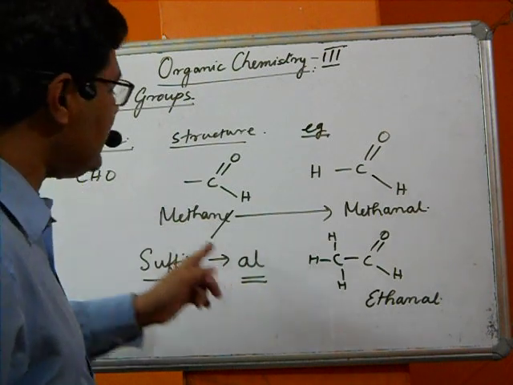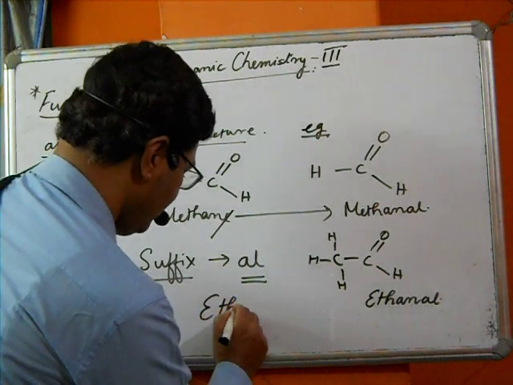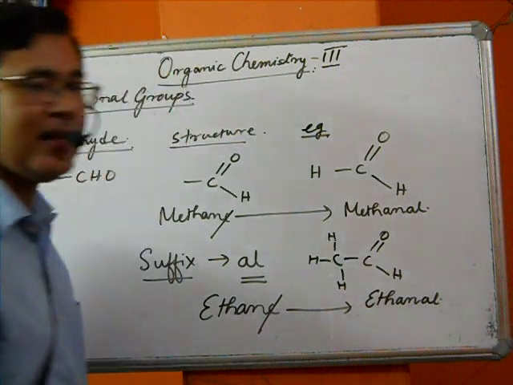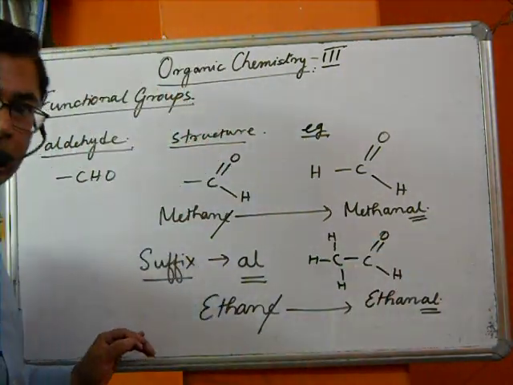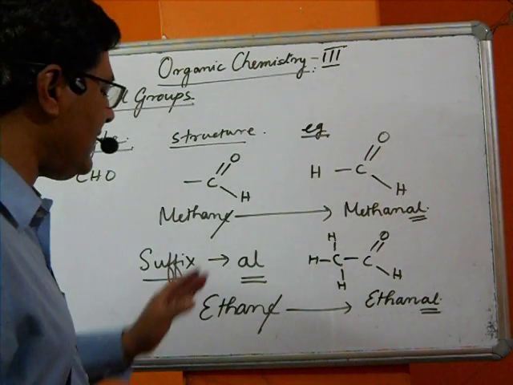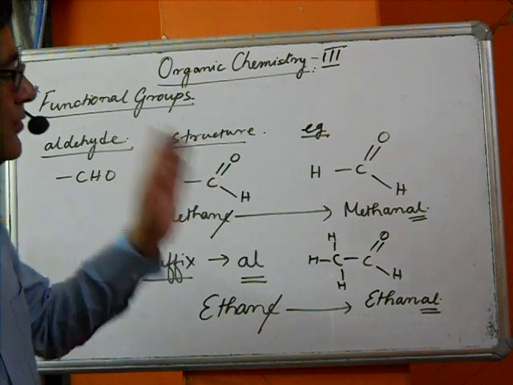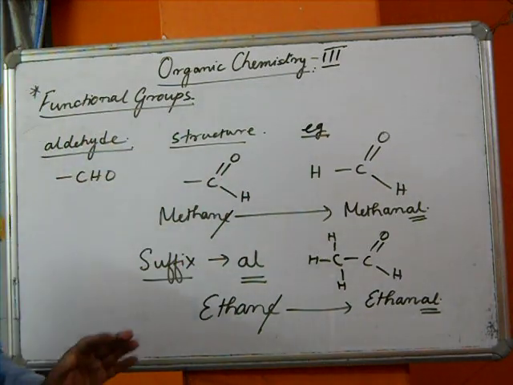For aldehyde it is -al. Methane, methanal. Ethane, E is removed, it has become ethanal. Please remember this, -al. Okay, got it? So these are compounds having 1, 2, 3, several carbon atoms. These are aldehydes.